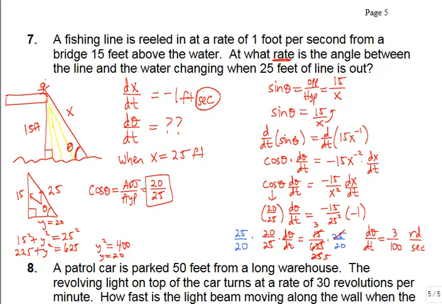So my units should be 3/100ths radian per second. And that's a positive answer, because as these fishing lines get pulled in, that angle theta is getting bigger and bigger until it almost gets vertical from that last pull in. Okay?